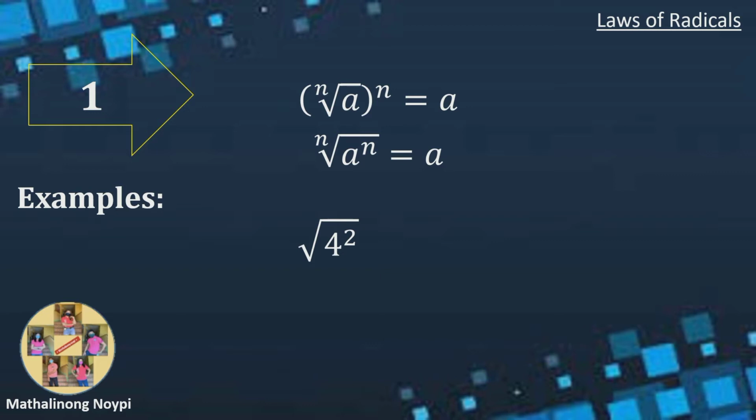So therefore, the answer following the law, the first law, is 4. Also, we have the quantity of cube root of 7 raised to the third power is equal to 7.